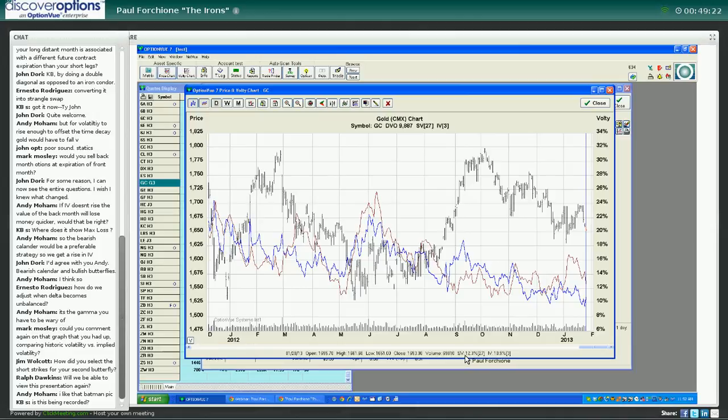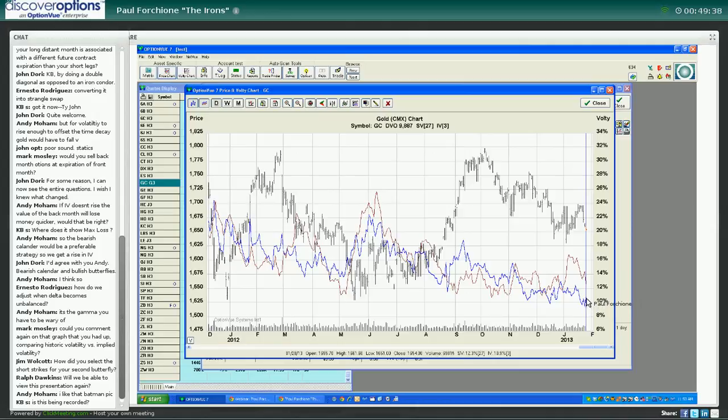This statistical volatility reading of 12.3 is looking at the last 20 days and averaging the movement over the past 20 days, and it's coming up with 12.3%.